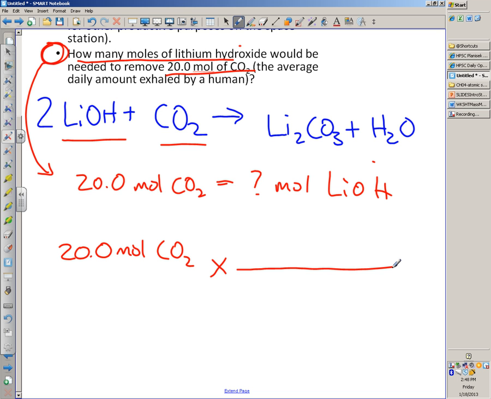Moles of CO2. Moles of CO2 has to go on the bottom, because that's what we're trying to get rid of. What has to go on the top? Moles of lithium hydroxide have to go on the top, because that's what this question is asking us for.